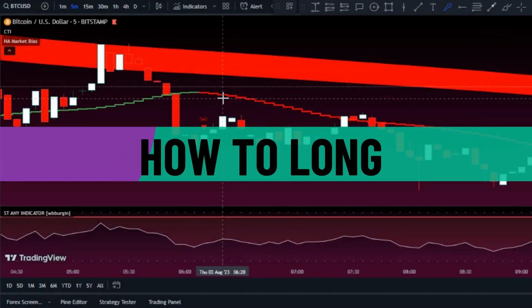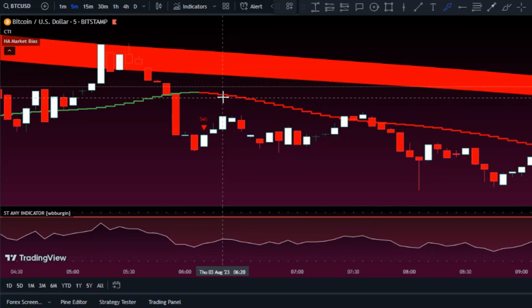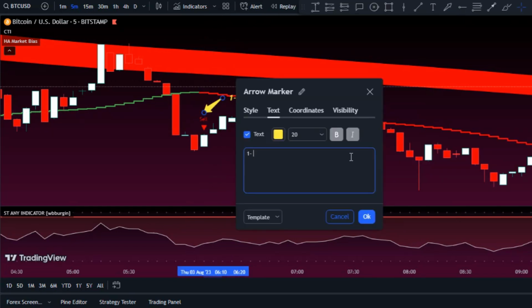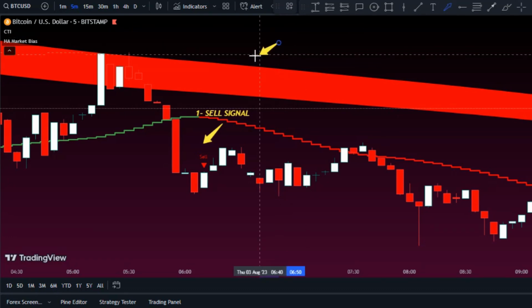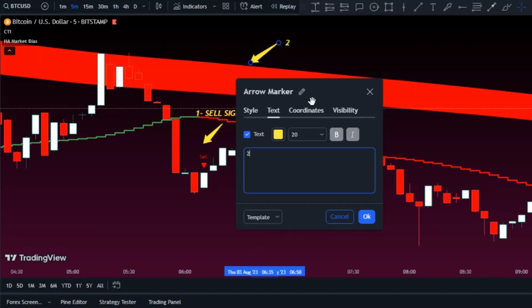And here's how to enter buy trades based on these indicators. First, we want a buy signal from the CTI indicator. Price also needs to be above the green Market Bias indicator, showing upside momentum.